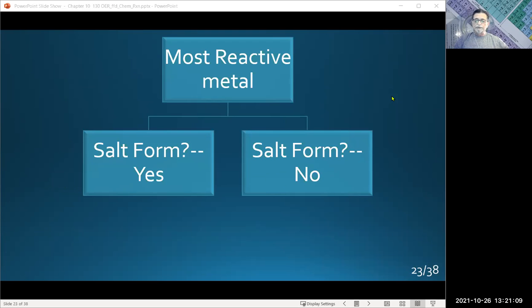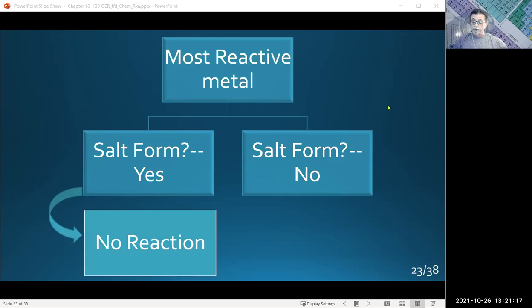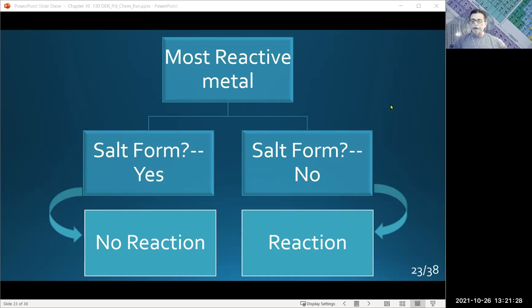Once you determine which is more reactive, determine if it's in salt form, ionic form. If so, no reaction, because the most reactive metal is in the most stable state. If it's not, then yes, the reaction proceeds, and you simply exchange the metals, or exchange the metal and the hydrogen.